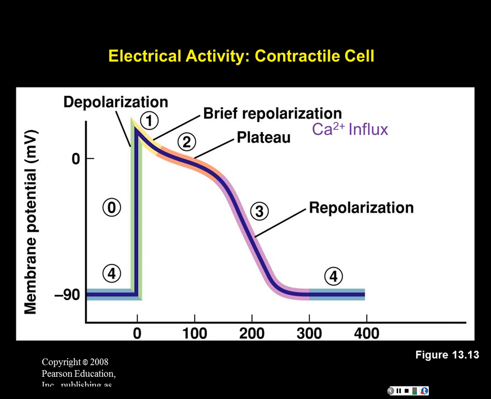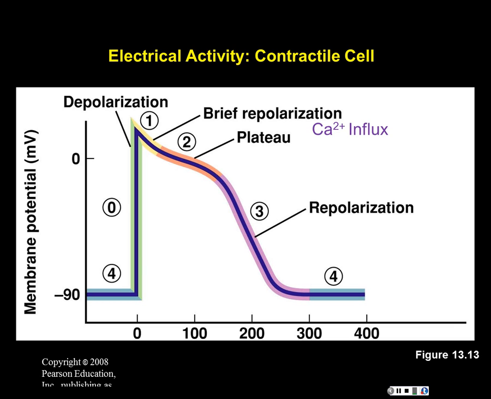Those cells, when the action potential floods through them, sodium floods in initially, and then they let in calcium. Not to prevent repolarization, but to do what with it? Because eventually it's going to repolarize. Just to slow it down, delay it. Why do we want to delay repolarization? To prevent tetany.